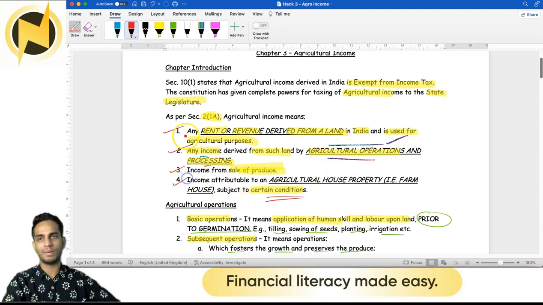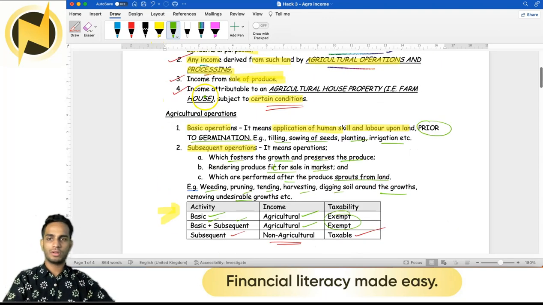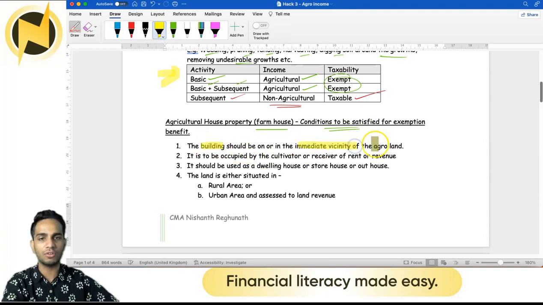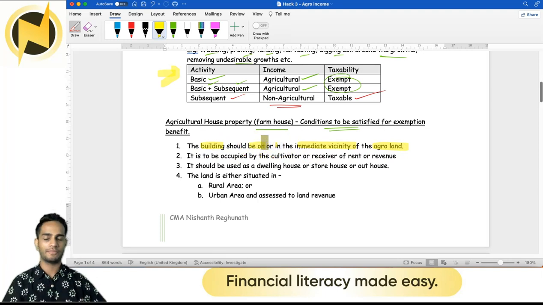Now farmhouse, that's a pretty interesting area. Let's go to farmhouse now. What is a farmhouse? Any income from a farmhouse will be treated as agricultural income, provided the following conditions are satisfied. Number 1, the building should be in the immediate vicinity of the agro land, or it should be on the land itself.